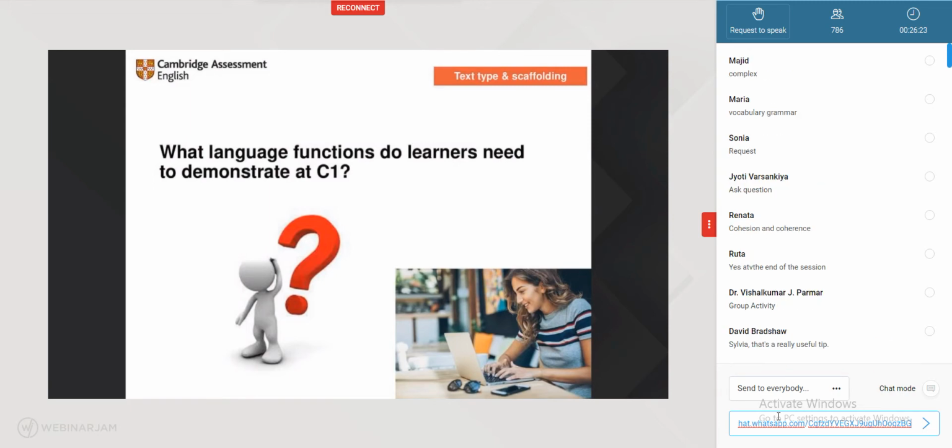Anyone? What sort of language functions do learners need to demonstrate in their writing at C1? So for those of you who teach IELTS, it's band 7.5, 8.